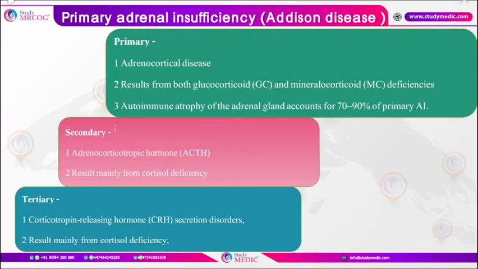Talking about secondary adrenal insufficiency, it is because of the adrenocorticotropic hormone, and it results mainly from the cortisol deficiency. Lastly, the tertiary adrenal insufficiency. In that context, it is because of the corticotropin releasing hormone related disorders, and it also results from the cortisol deficiencies.